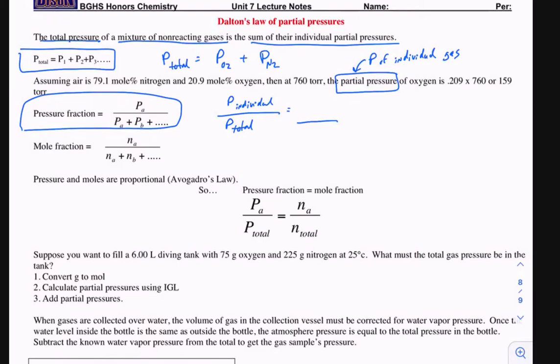Similarly, you will be needing to find what's called a mole fraction. And the mole fraction is the same idea, but with moles. So it's n for an individual gas divided by the sum of moles of gases.